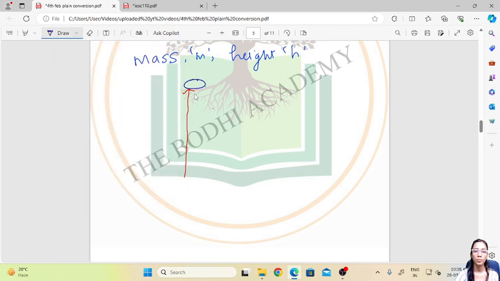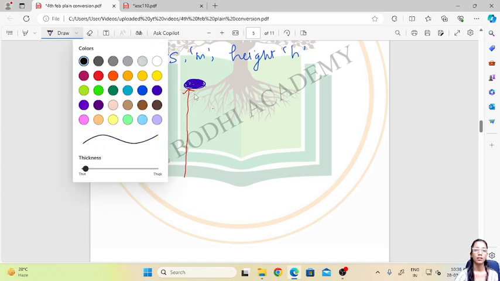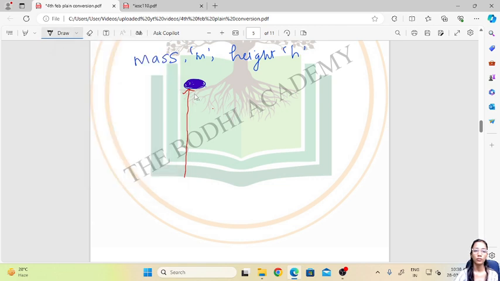The object is placed over here, and it is allowed to fall from this height h. The object is of mass m.